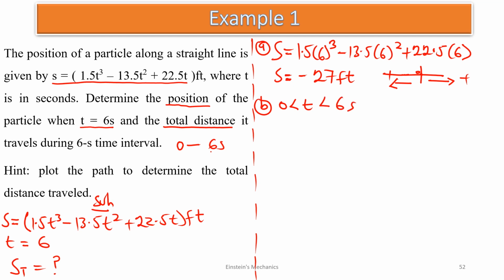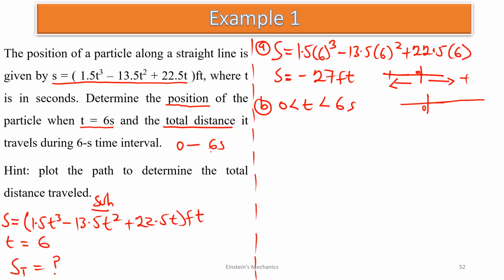First, if you want to know where the particle is going to turn, we must find the velocity and equate it to 0, because at the turning point of a particle, the velocity is going to be 0.